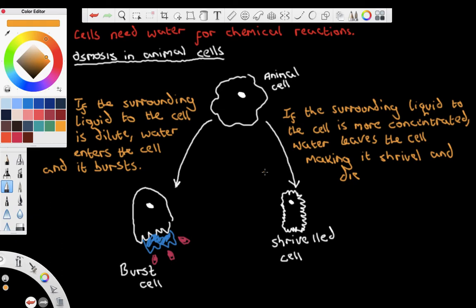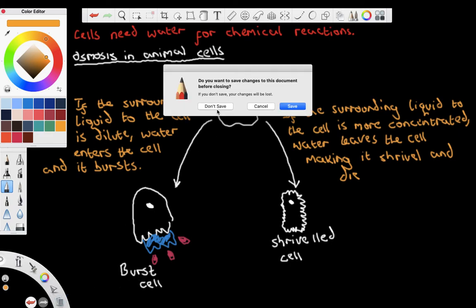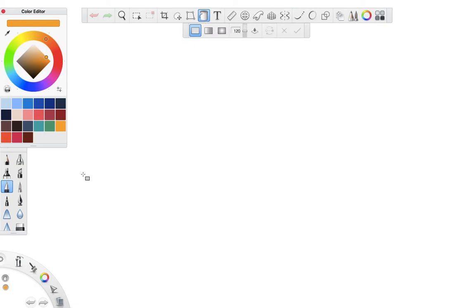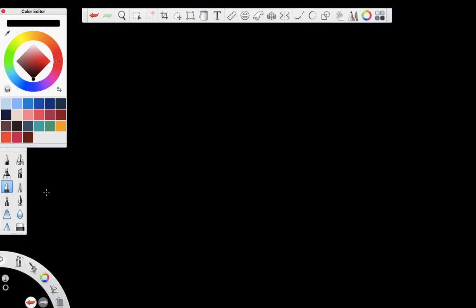Now, this is a very important principle as you move into year 11. When we start looking at things like diabetes, it's important that you understand about the shriveling and bursting of cells and concentrated and dilute solutions. To just finish off our lesson today, we need to think about how osmosis affects plant cells, and then we're done.